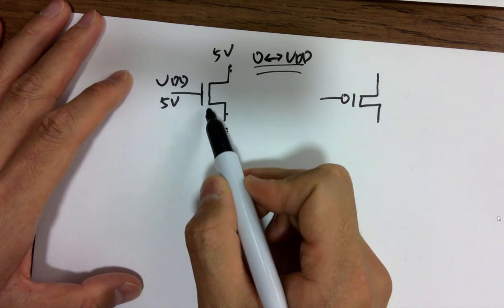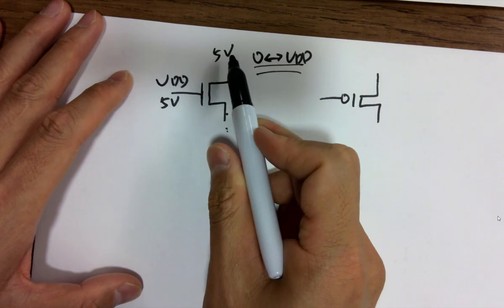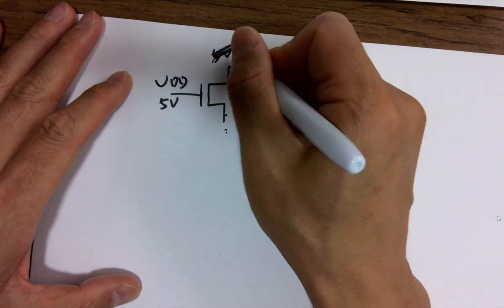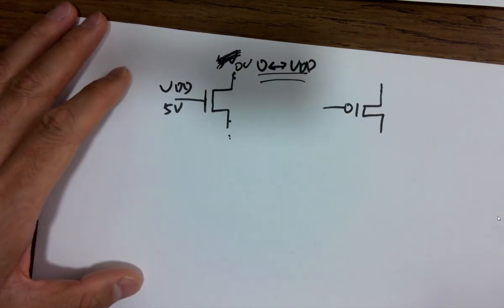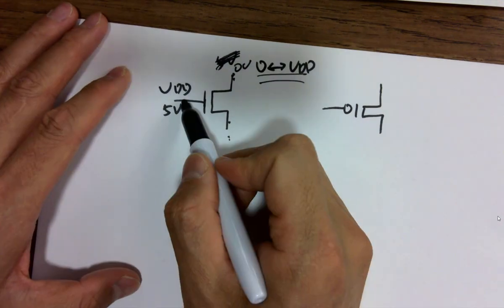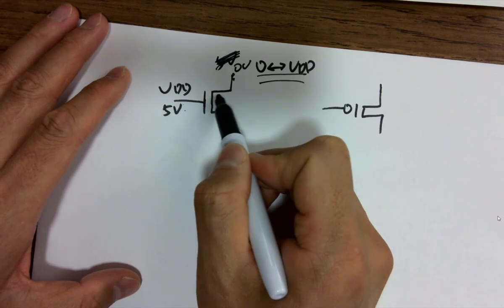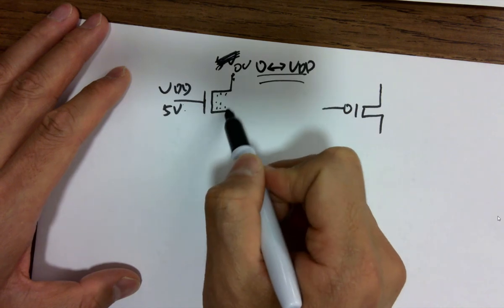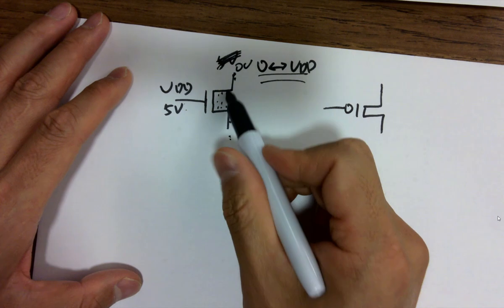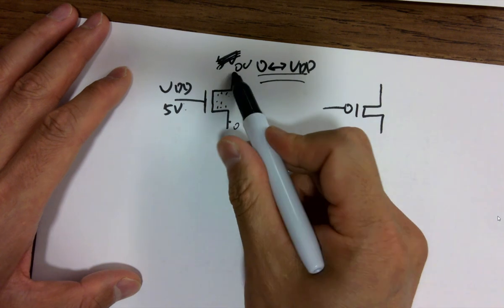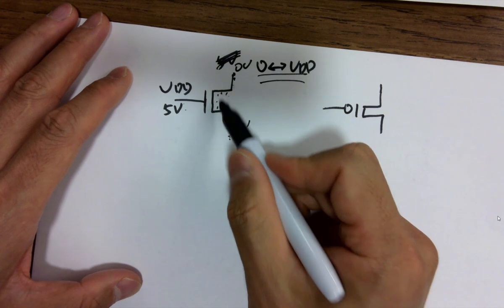Can this NMOS pass the 5 volts? Can this gate pass the 0 volt? Well, no. If you turn it on with 5 volts, you attract a lot of electrons over here. Can you detect the 0 volts here? Yes. Because the electrons form a channel, so it's getting shorted. You got 0 volts. There's a channel connecting the two terminals.